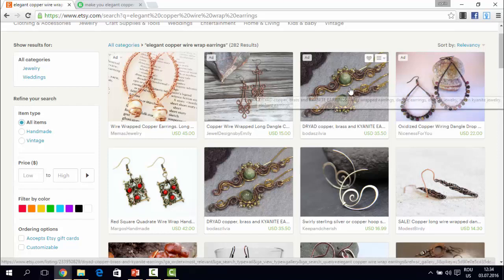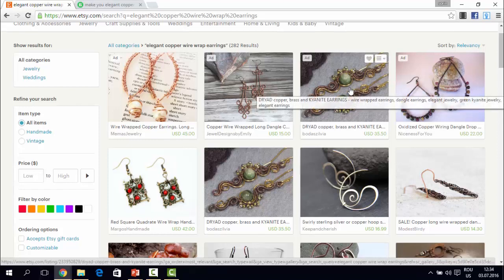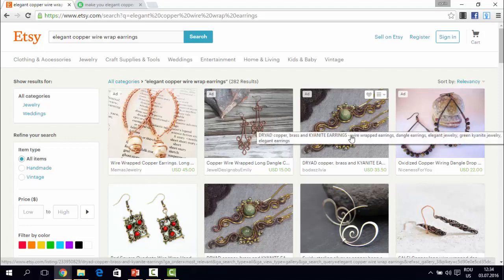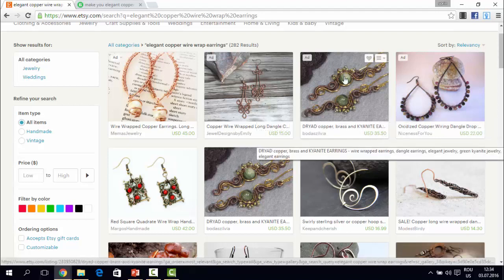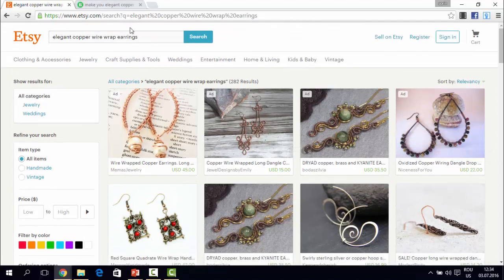So here you can make a return on investment of over 400, even 500%, which is pretty cool. You buy something for $5 and sell it for $35, you make a $30 profit like that. Even if you sell 2 or 3 pairs like this per day, it's a great and lucrative business model, guys.